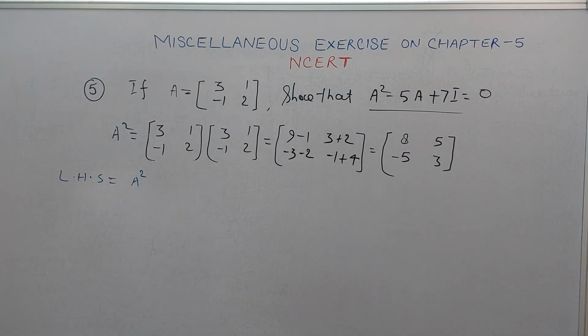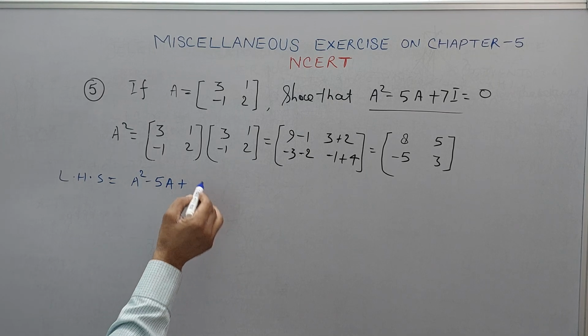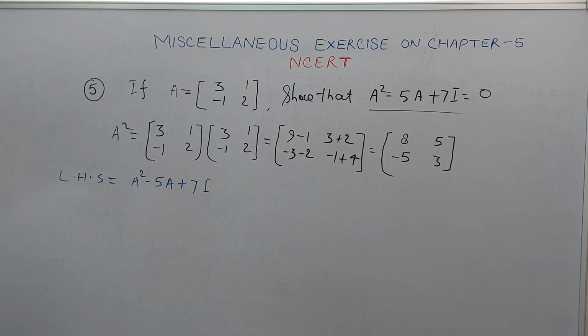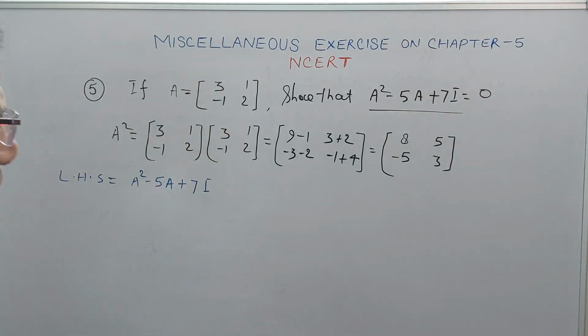is equal to A square minus 5A plus 7 into identity matrix. Matrix A has the order 2 cross 2, so the identity matrix should also be 2 cross 2.